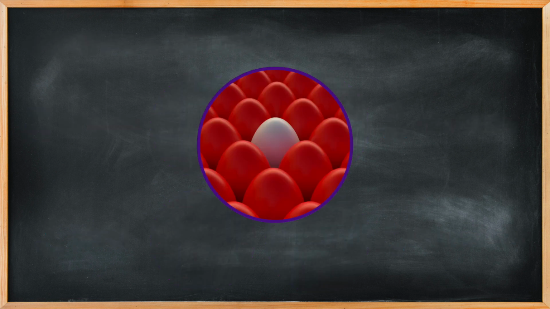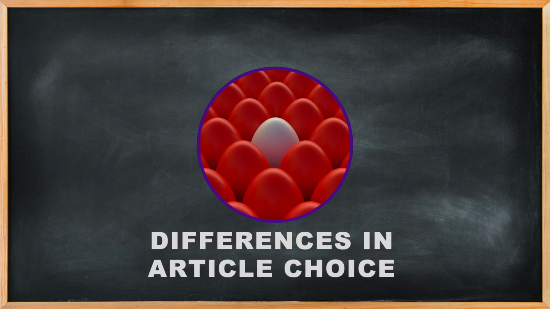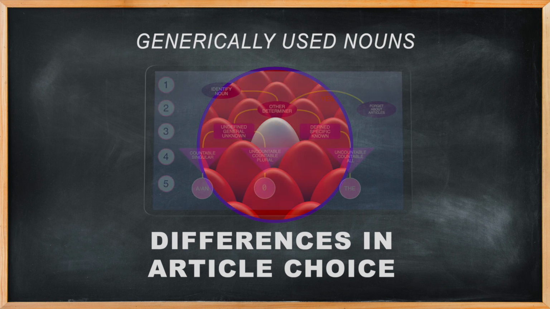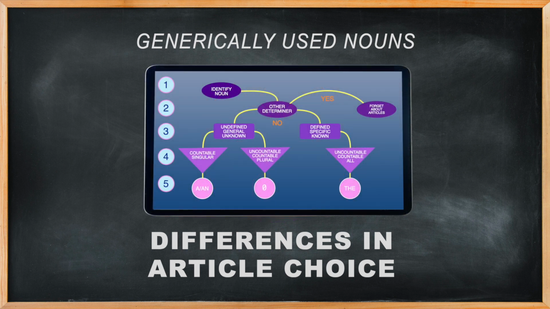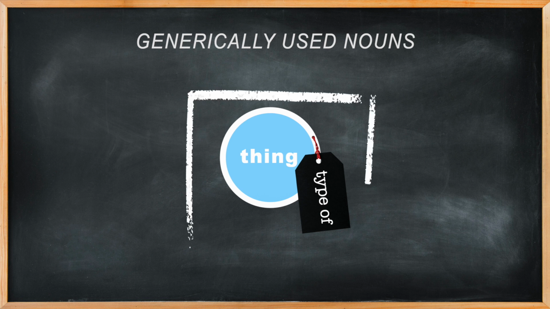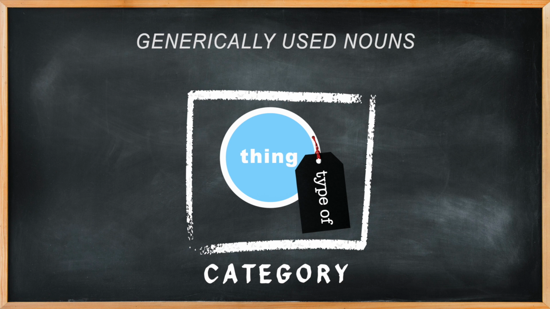However, there are some differences in the way we choose articles for nouns used generically compared to the basic 5-step rule for general nouns that we looked at in part 1. If our noun is being used generically and is referring to the thing as a broad category or class of thing, the choice of article is more flexible.